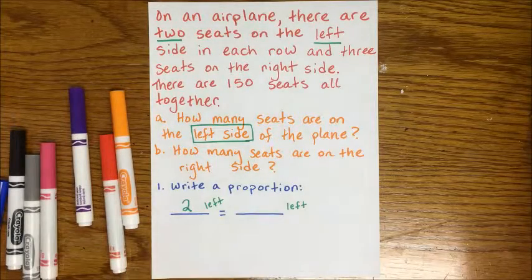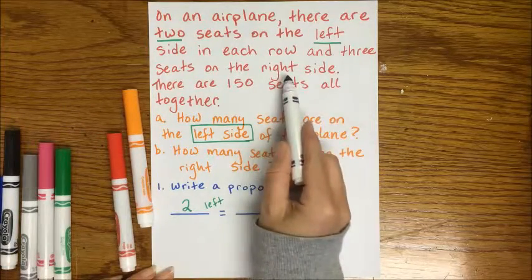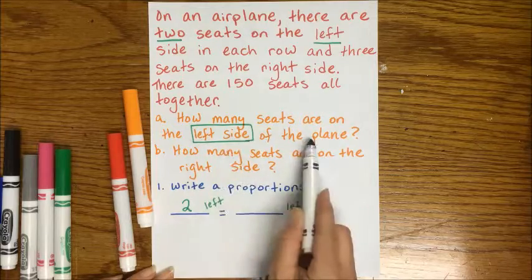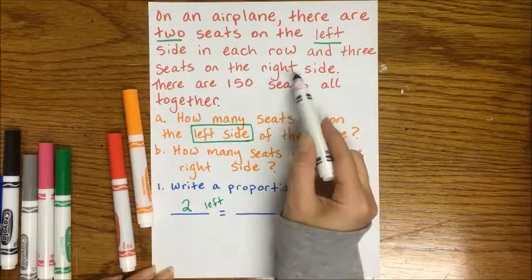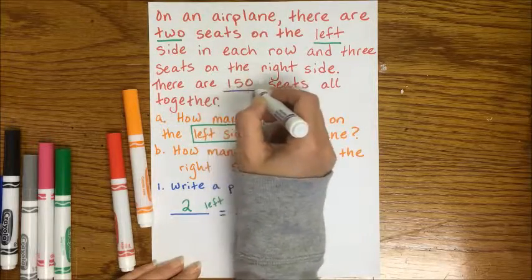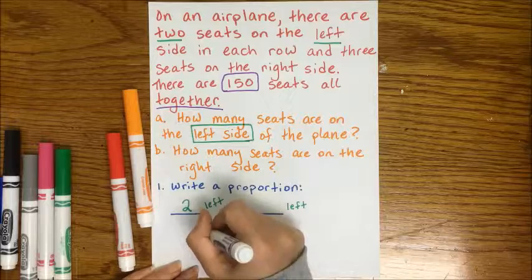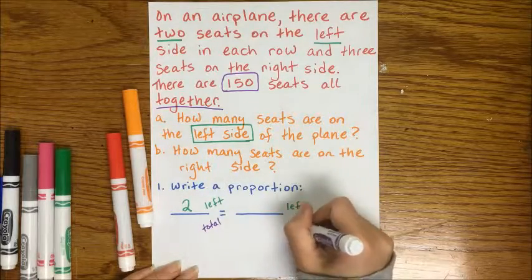Well, there are 2 on the left side. Next, we do have information on the right side, but we're not really solving for it. So what can we compare the left side to? Well, we do know how many total seats there are. So we're going to compare the left side to the total number of seats.